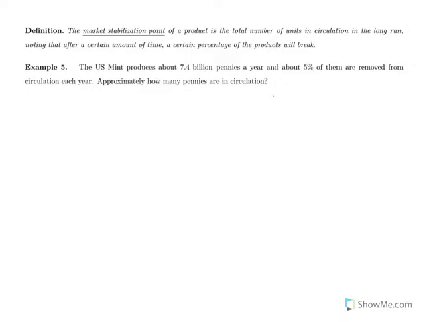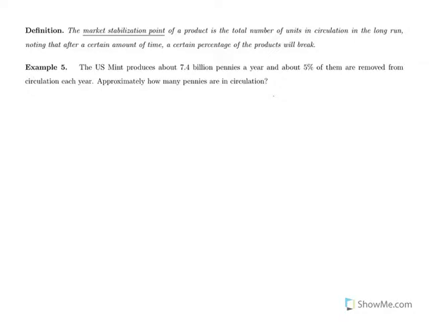So here we have an example: the US Mint produces about 7.4 billion pennies a year, and about 5% of them are removed from circulation each year for whatever reason. They're lost, people save them in a piggy bank, whatever it's going to be, they're no longer in circulation. So we can think about how many pennies are going to be in circulation total.